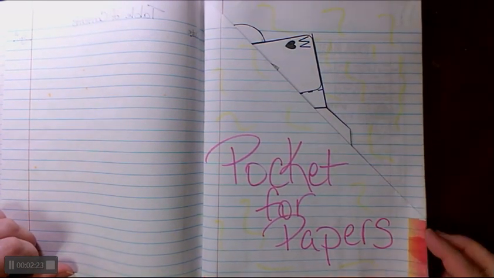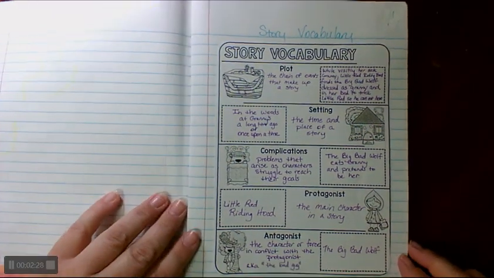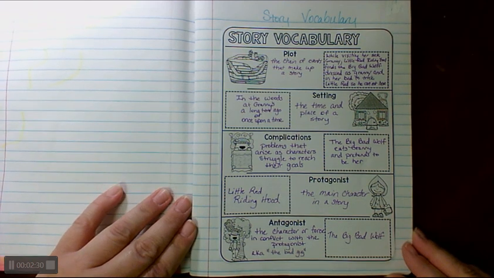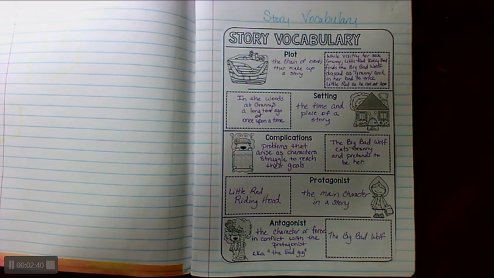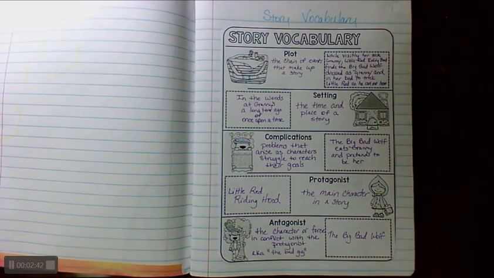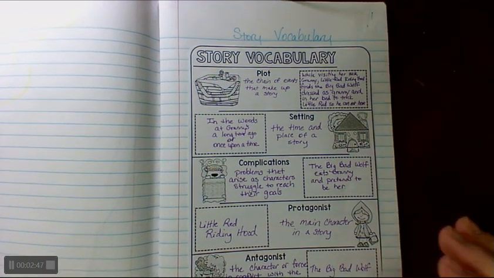So next, we're going to flip over to page 1, which will be our story vocabulary lesson. At this point, you should have watched the YouTube video about the story of Little Red Riding Hood. And we're going to use the story of Little Red Riding Hood to get our minds wrapped around the idea of basic story vocabulary again.